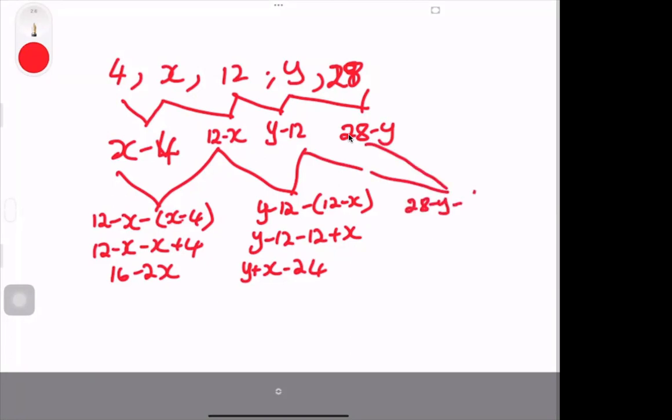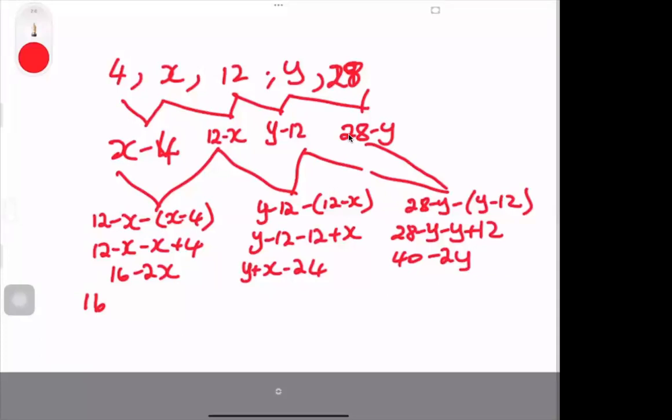And then you've got 16 minus 2x equals to y plus x minus 24, which will be 16 minus 2x minus x plus 24 equals to y. 16 plus 24 is 40 minus 3x equals to y.